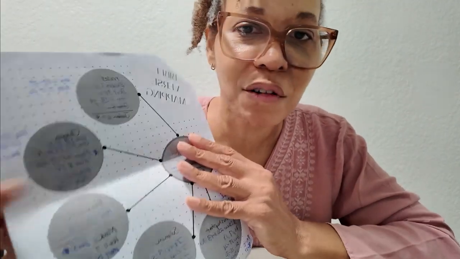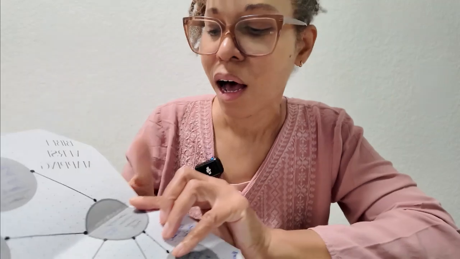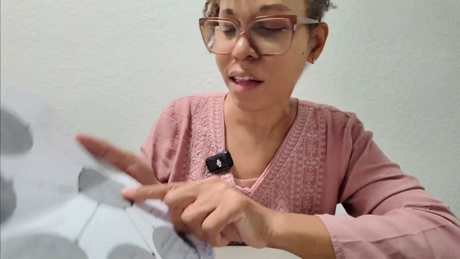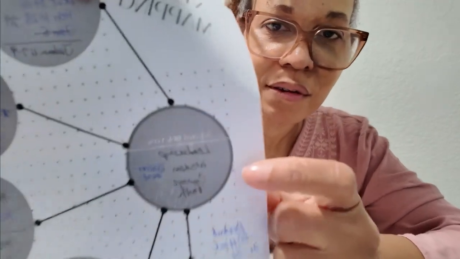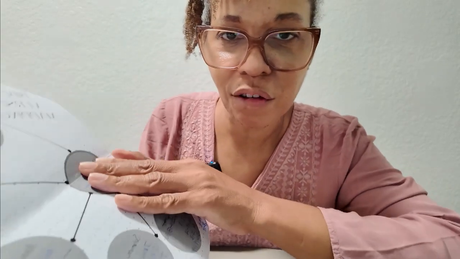What I did, you can use this multiple different ways. I started out with the selected Bible verse, and instead of using a Bible verse, I kind of wanted to focus on a topic. So this is how you can use it many different ways.